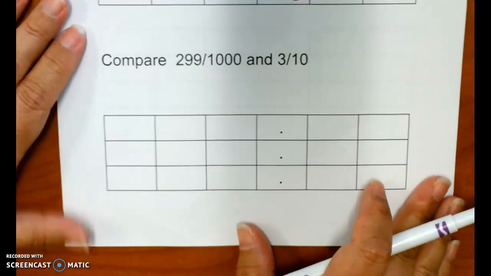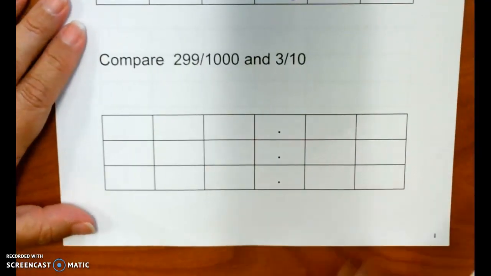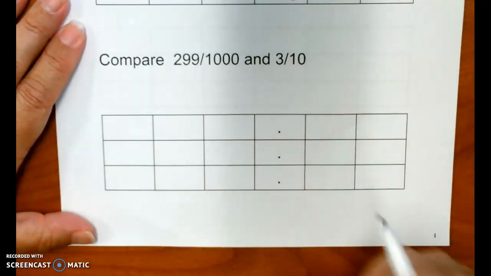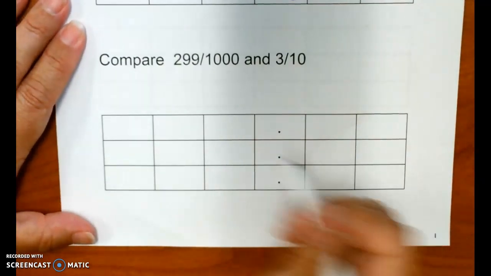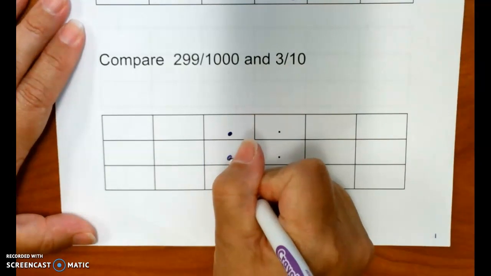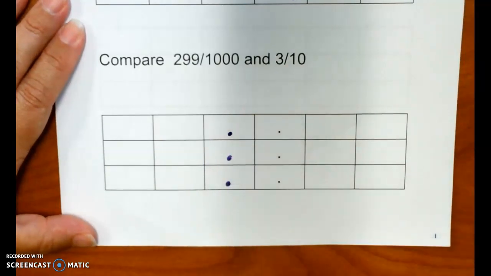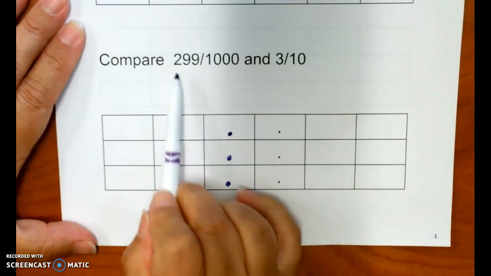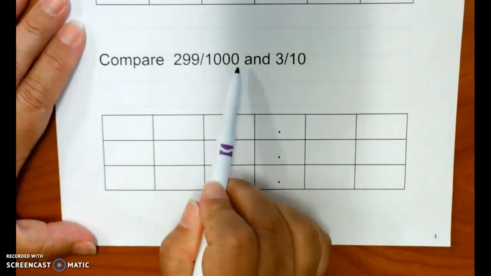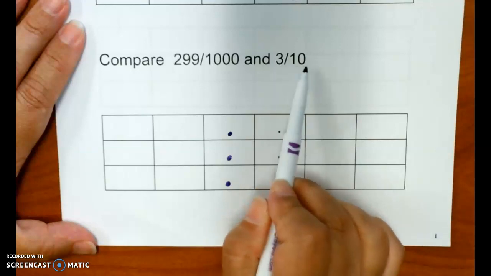On your place value chart. Again, Miss Walker put these decimals in the wrong spot when she made this place value chart. I need them over here. Okay, so we have 299 thousandths, and we have 3/10.